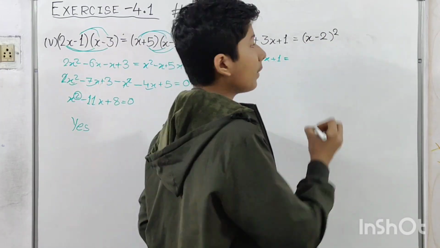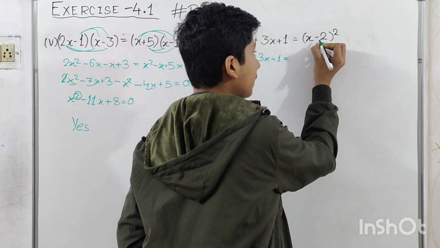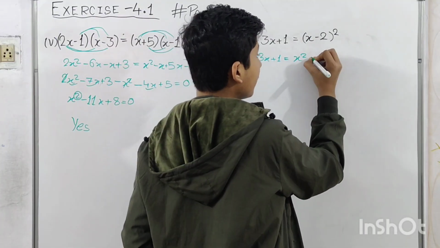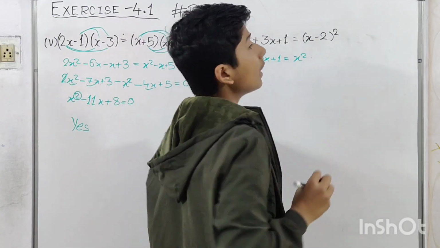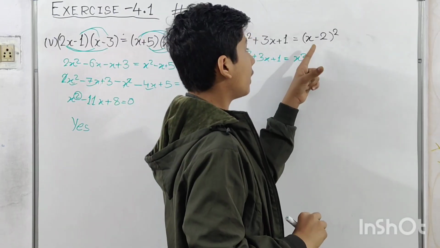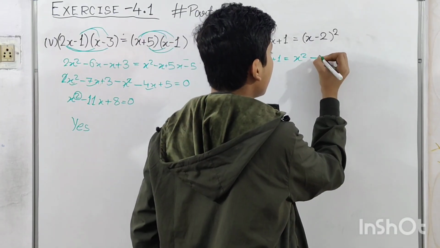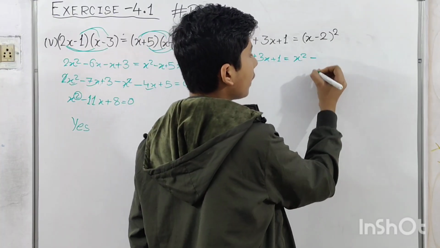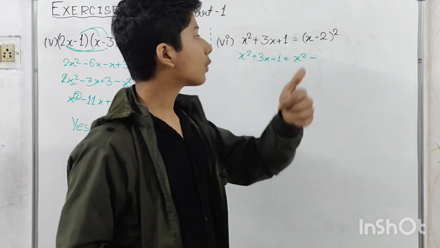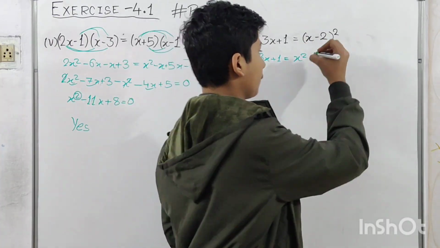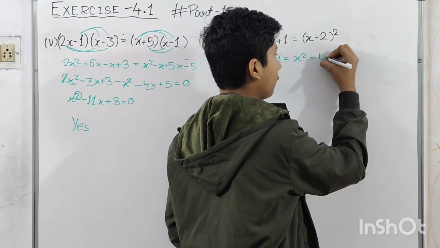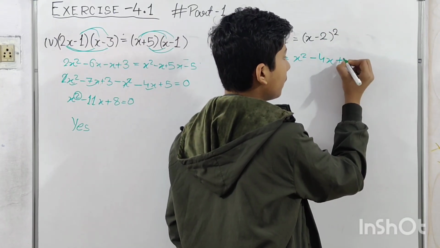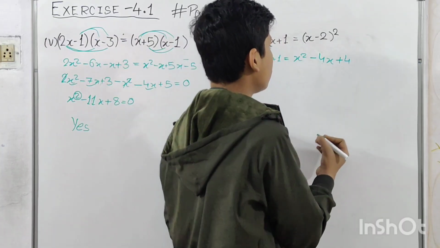a minus b whole square is a square plus b square minus 2ab. So x square minus 2ab means minus 2 into x, minus 2 into x. Because we will have to multiply it with 2 and then x. So 2 into 2 is 4, 4x, and then b square is plus 4.